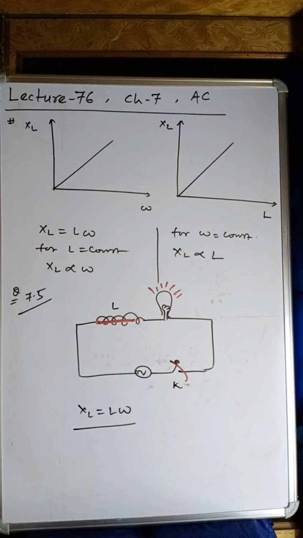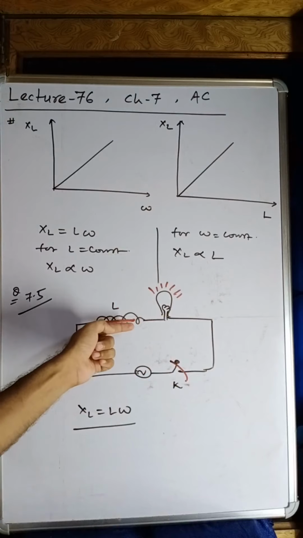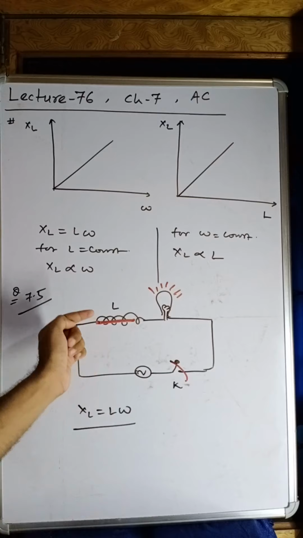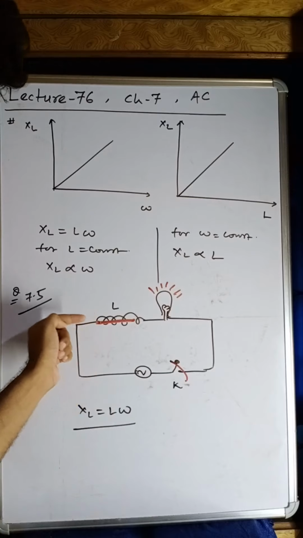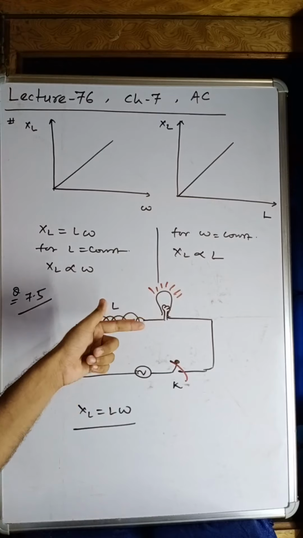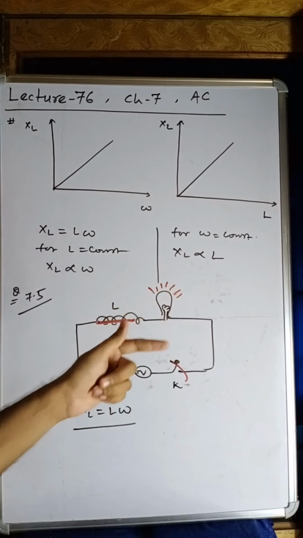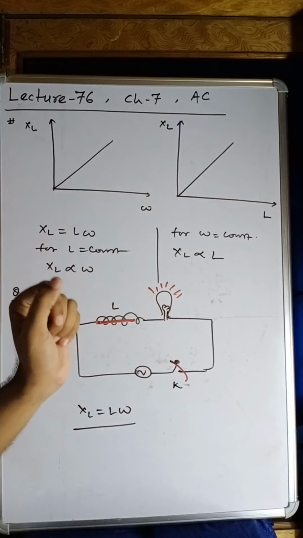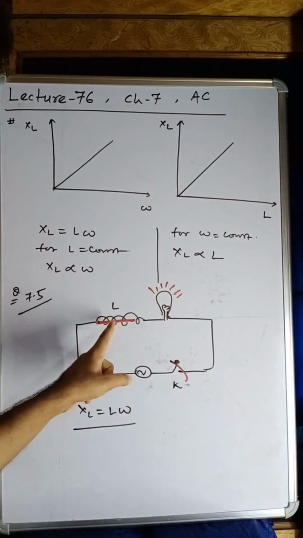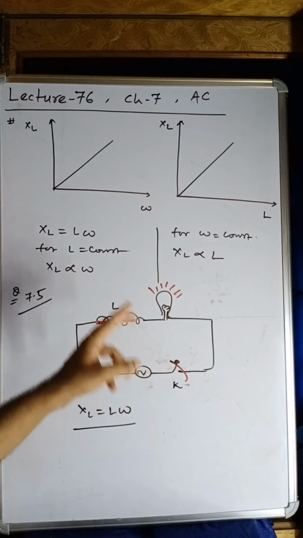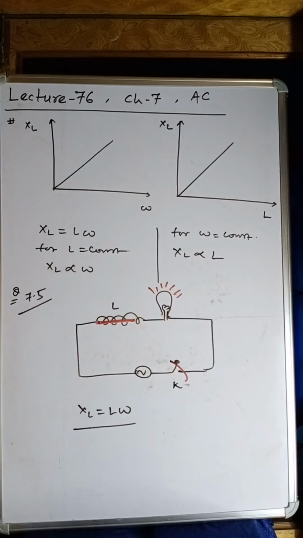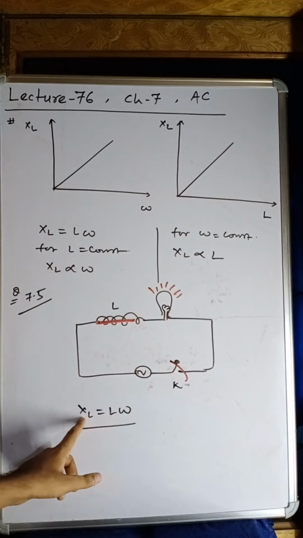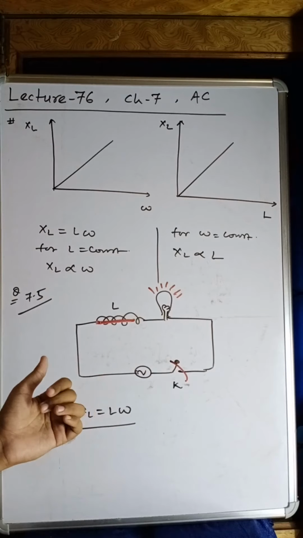Now look at here. As you will insert the ferromagnetic substance, that is the iron rod, inside the coil of inductor, its inductance will increase. Try to recall from the electromagnetic induction chapter. Inductance will increase, L will increase, and due to increase in L, XL will increase, and voltage will also increase.